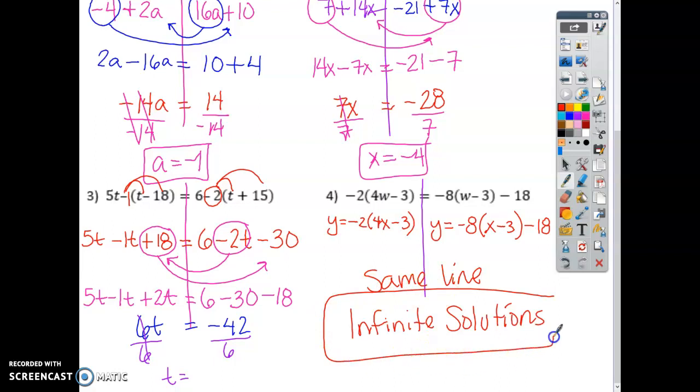You have infinite solutions. One line on top of the other line. Okay, they share the same points, so they touch everywhere. They're intersecting everywhere.